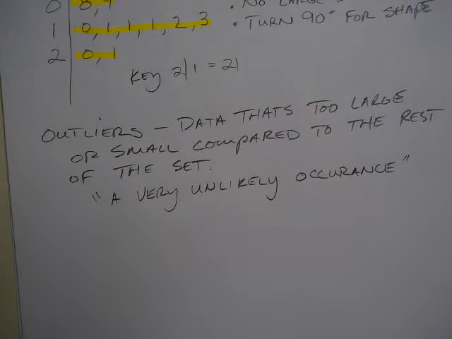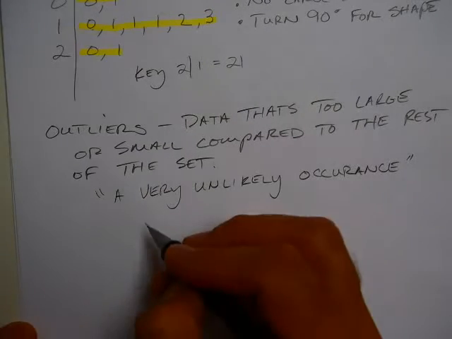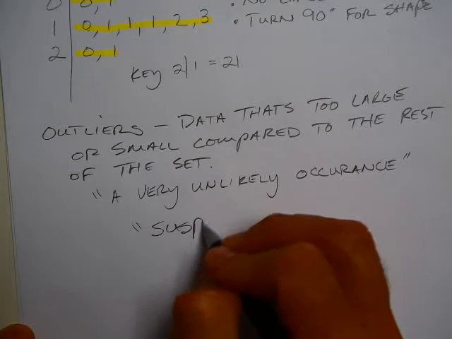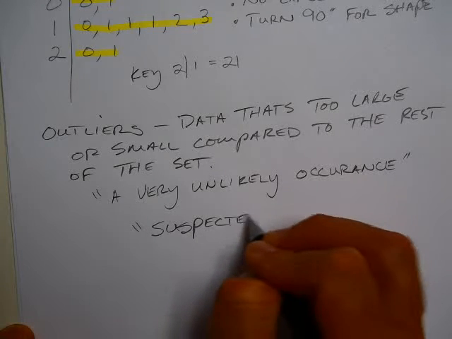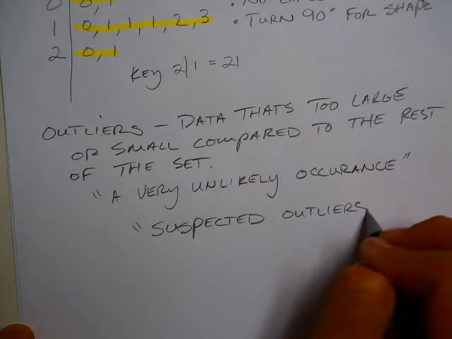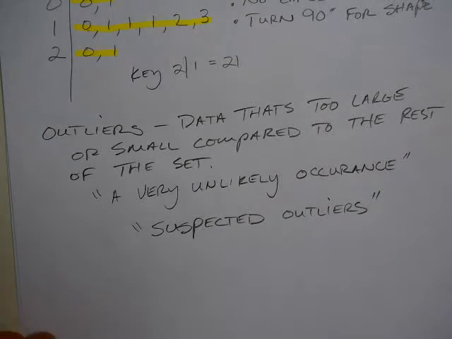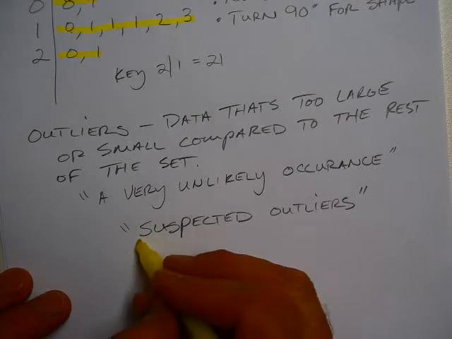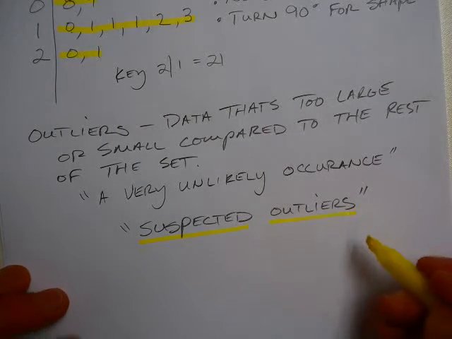Darn it, I'd like to be a high outlier, but I'm not. So we say suspected outliers, because context comes into play. Sometimes something might be perfectly reasonable, and yet numerically we might find that it's an outlier.